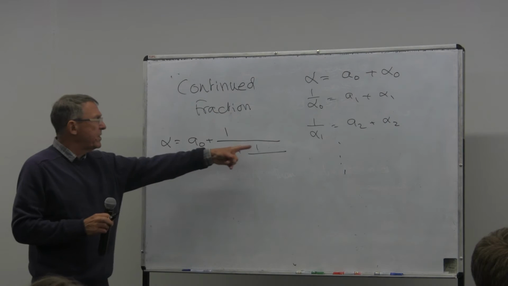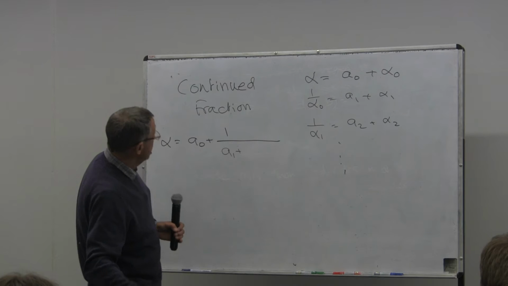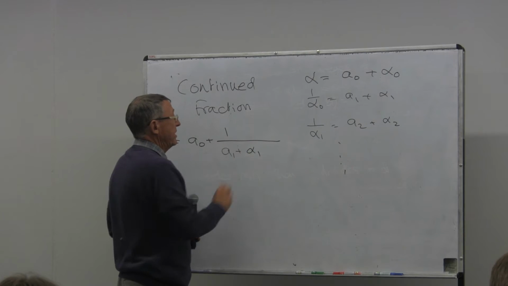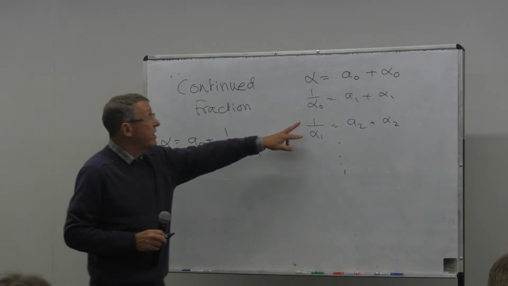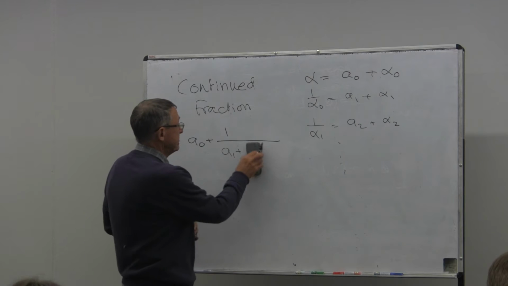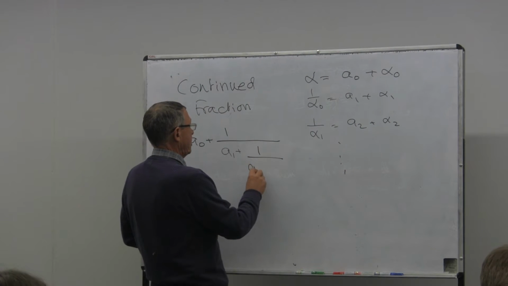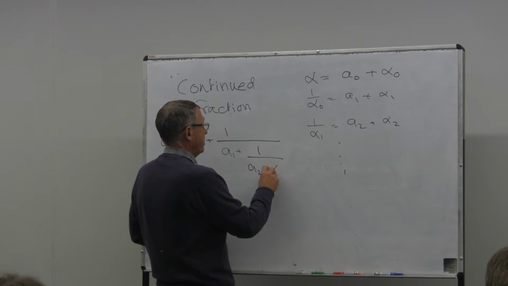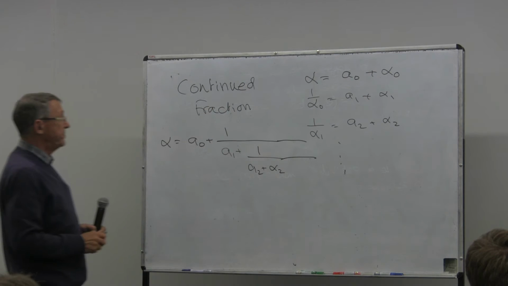It's 1 over a1 plus alpha 1. Now we can substitute for alpha 1. We know what 1 over alpha 1 was, so alpha 1 is 1 over a2 plus alpha 2. These lines have to get very long.